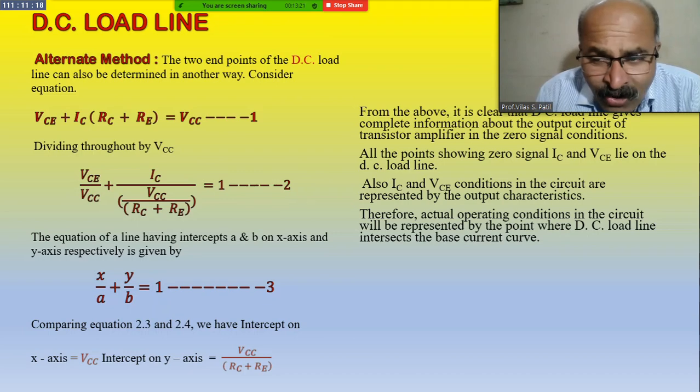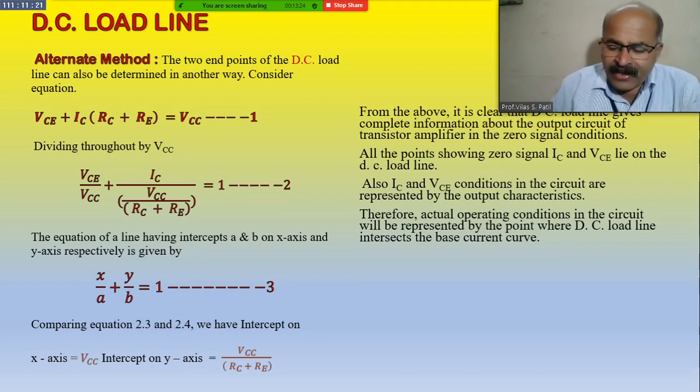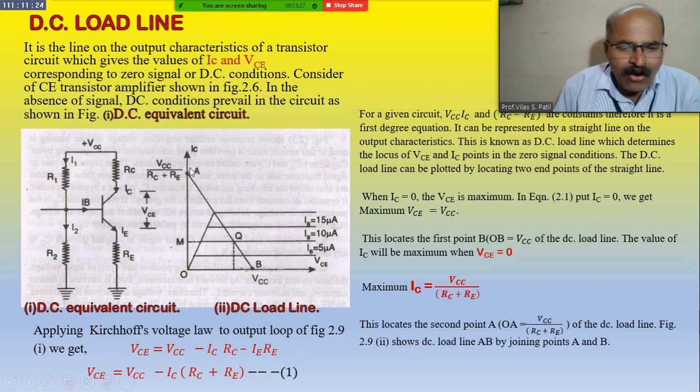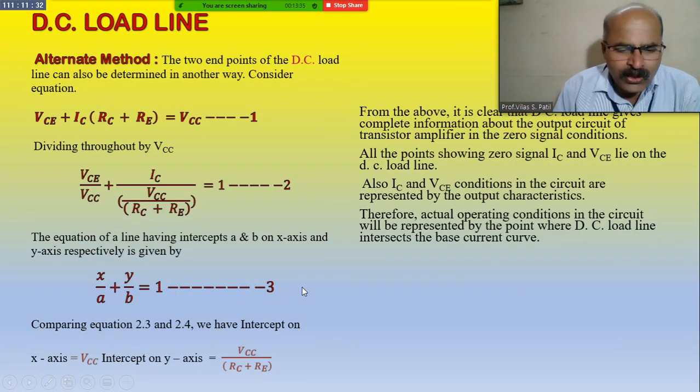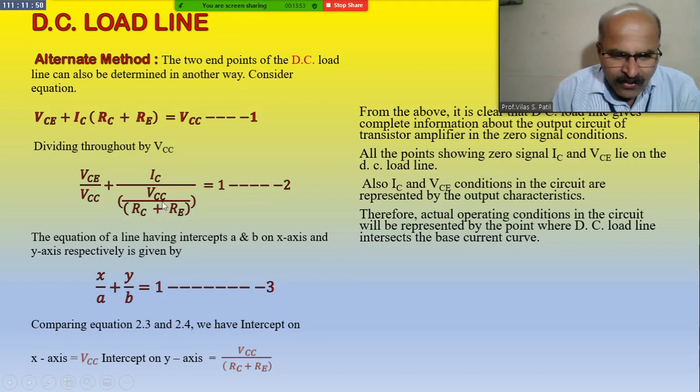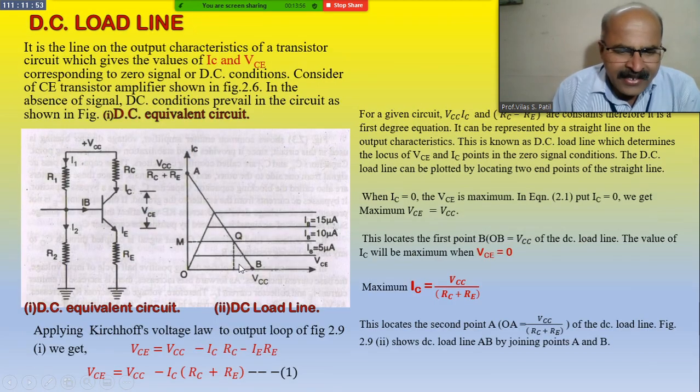Then the values: the intercept on the X axis will be VCC, and the intercept on the Y axis is VCC divided by (RC plus RE). See in this diagram, one intercept is VCC divided by (RC plus RE) and the other is equal to VCC.